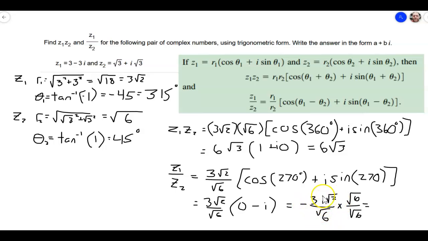MyMathLab may take this answer here, but go ahead and multiply the top and the bottom by the square root of 6. This becomes the square root of 12 again, which reduces again to 2 square root of 3, and then the 2 will reduce with the new 6 on the bottom to reduce that a little bit farther.